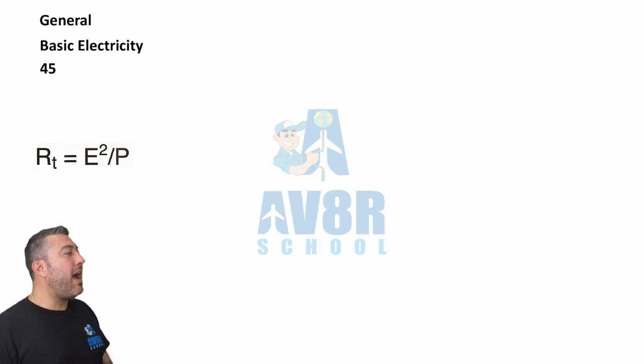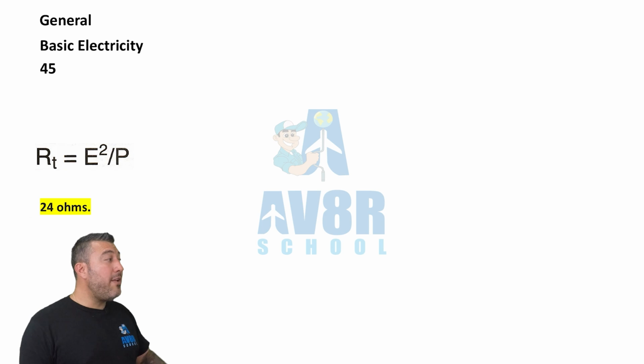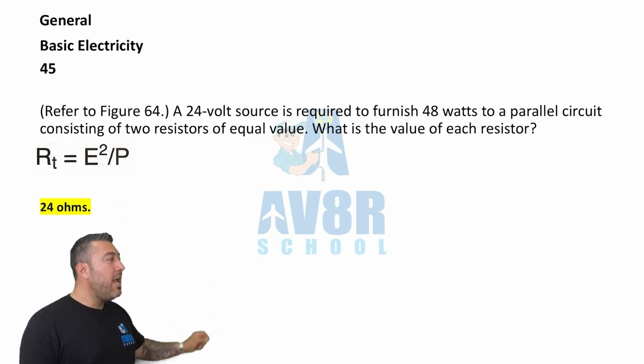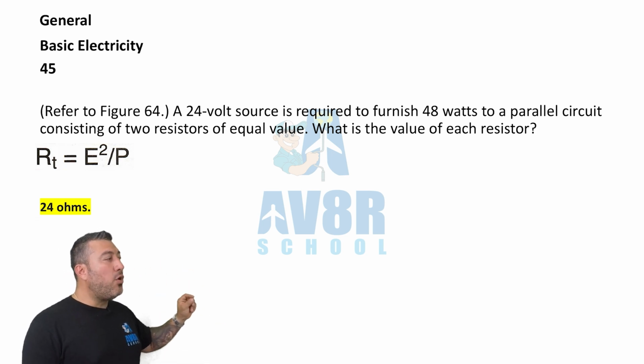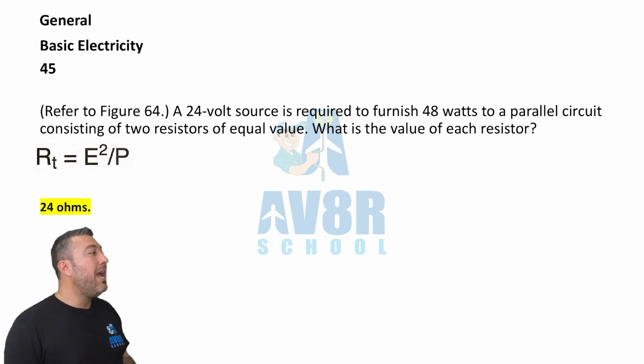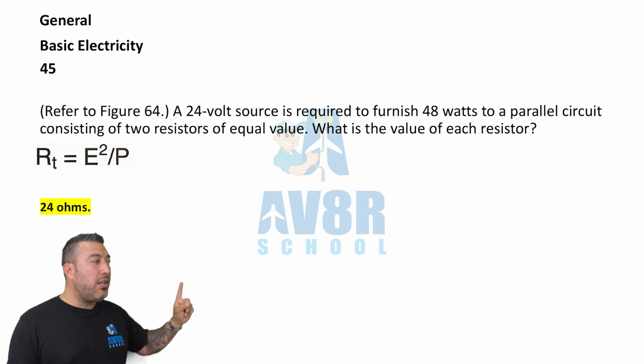All right, 45. It's asking for 24 ohms. That's your formula right there. Refer to figure 64. A 24-volt source is required to furnish 48 watts to a parallel circuit consisting of 2 resistors of equal value.